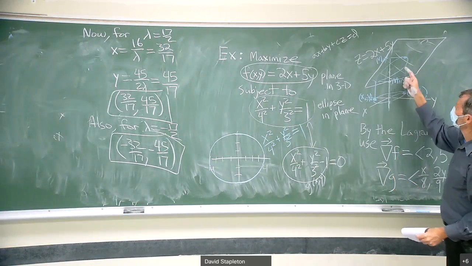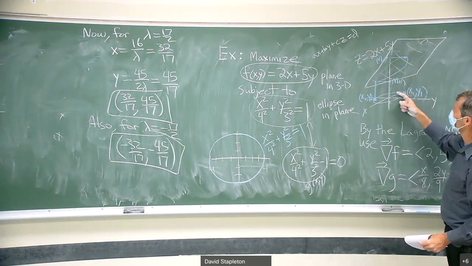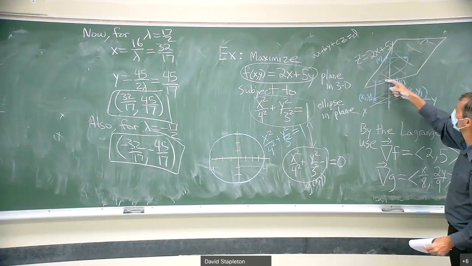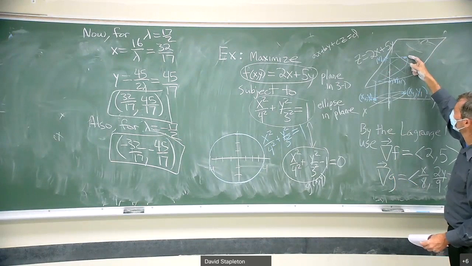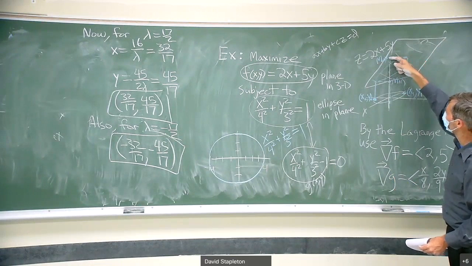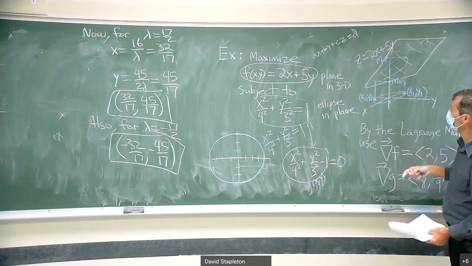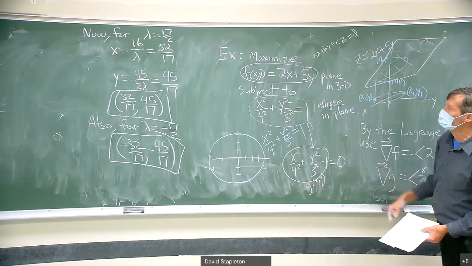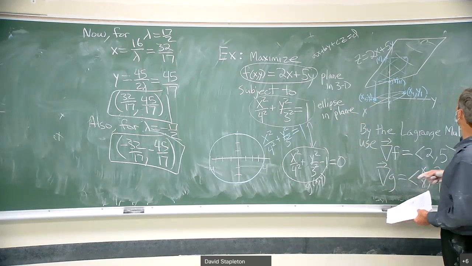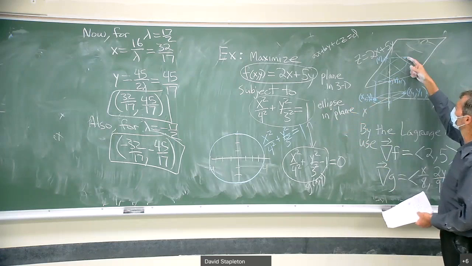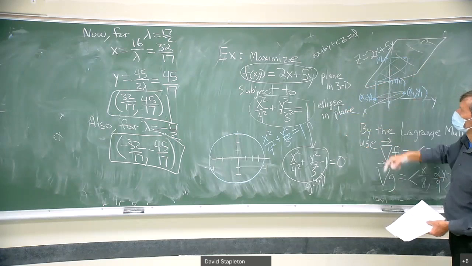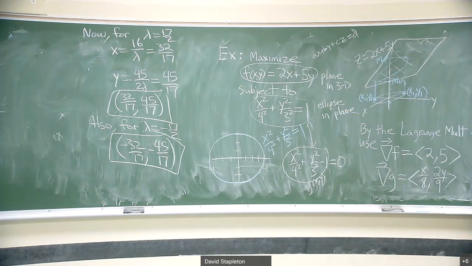What we know is that we have a plane up here and a continuous curve down here, a continuous closed curve in 3 space. A continuous closed curve like that has an absolute maximum and an absolute minimum. Those 2 points have to give it. The Lagrange multiplier theorem says that the only candidate points for these two are those 2 points, and we know it has them. So those are the answers right there.